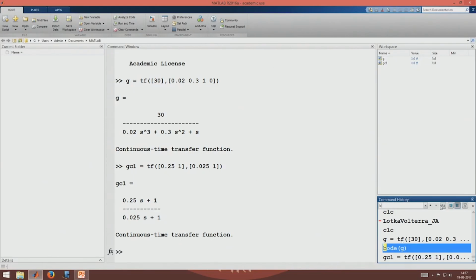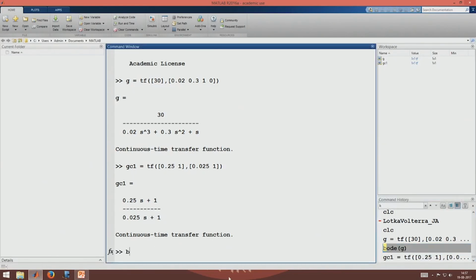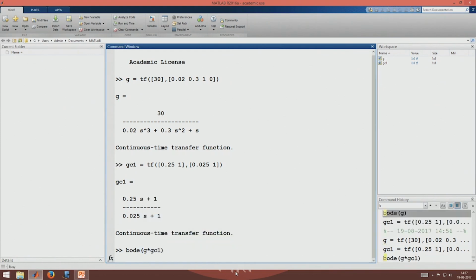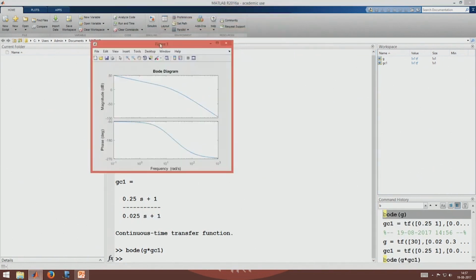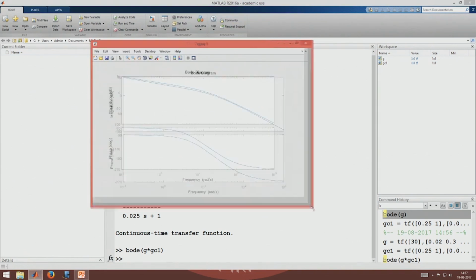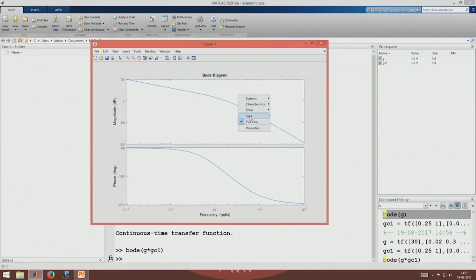Okay, so now if I do the Bode plot of G with GC1, which is my lead compensator, I get something like this. Okay, I see I have some improvement in the phase margin.